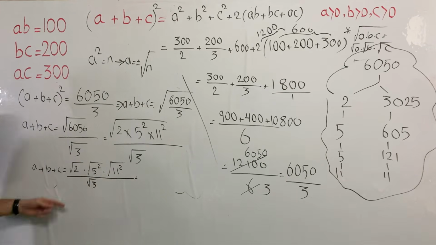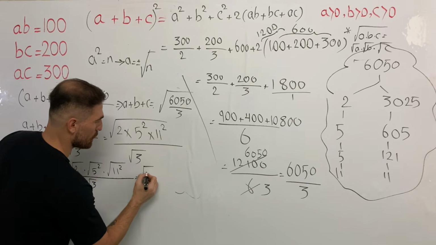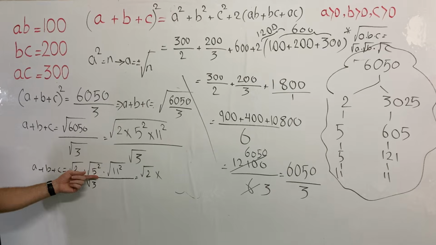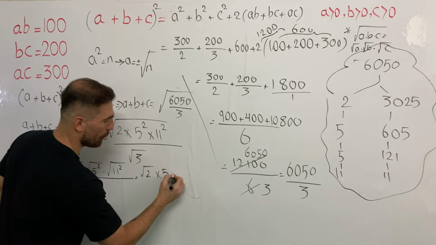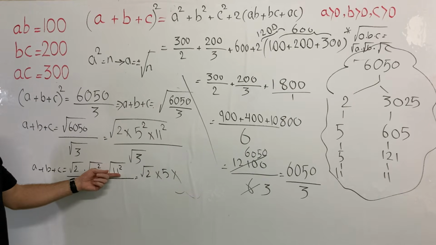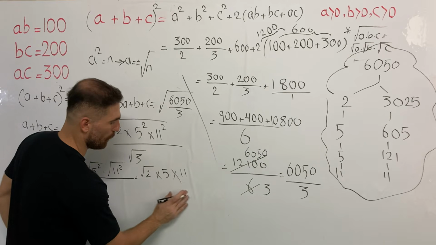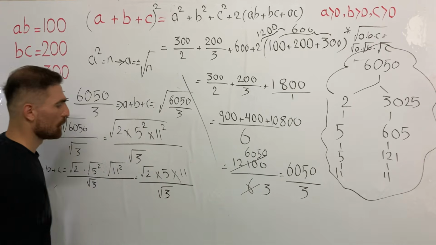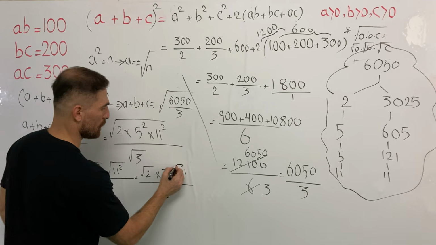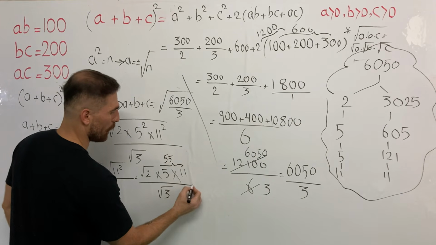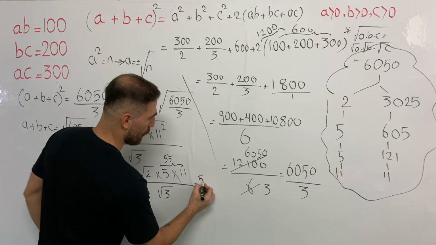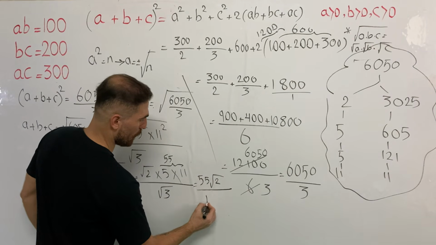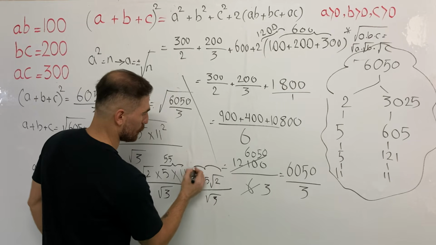So what is this? Second root of 2 is second root of 2 times second root of 5 to the power of 2 is 5 times second root of 11 to the power of 2, 11 over second root of 3. So 5 times 11 is 55. So it can be written in the form of 55 second root of 2 over second root of 3.